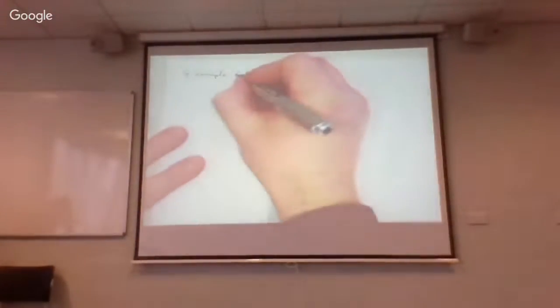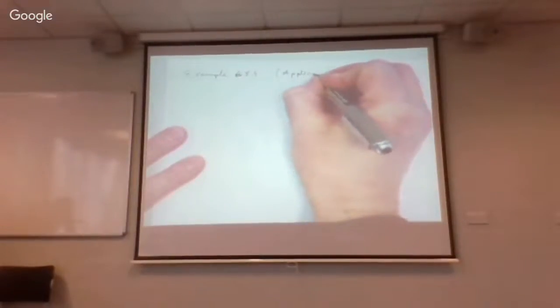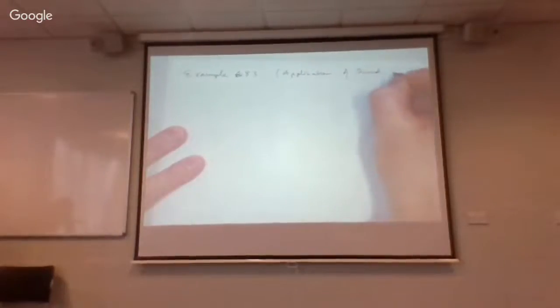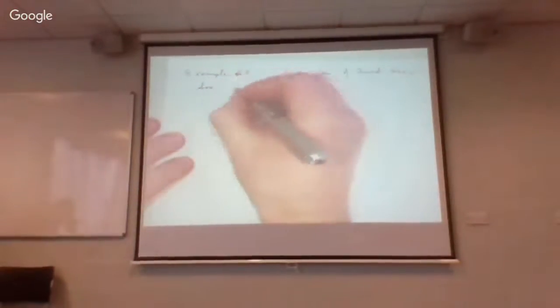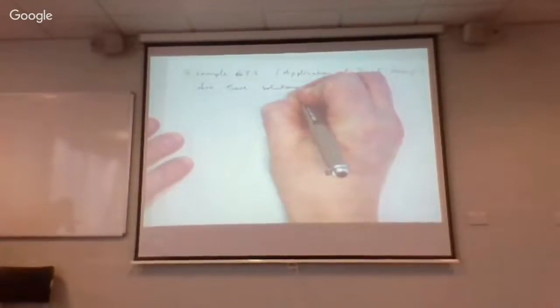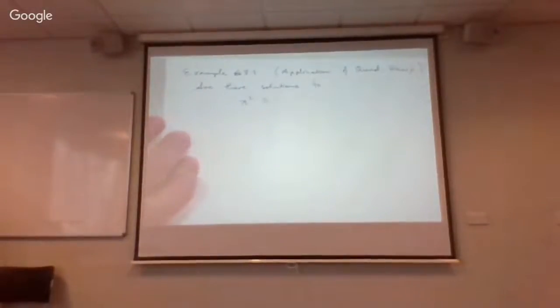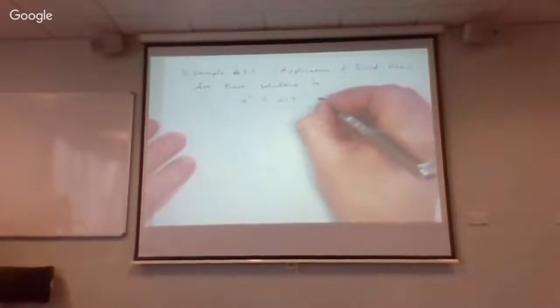Okay, this problem, Example 8.3, is an application of quadratic reciprocity. The basic question lying behind this is: are there solutions to x squared being congruent to 219 modulo 383?